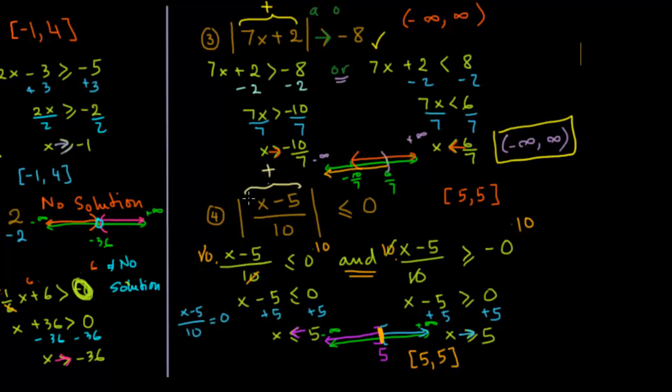The only case that can happen is equal to 0. And if you solve this problem, you will see that we will have x equal to 5, exactly like the answer we have here.